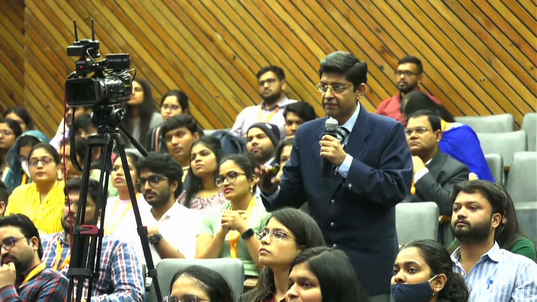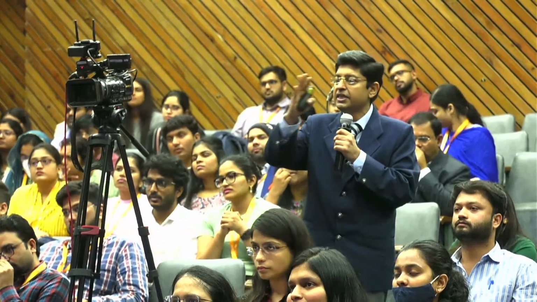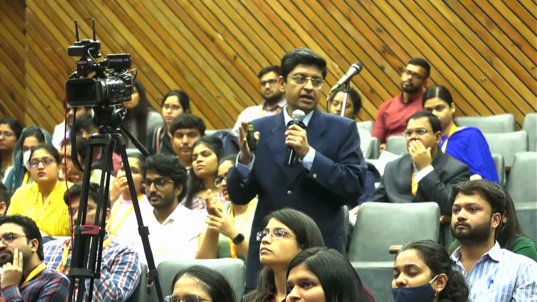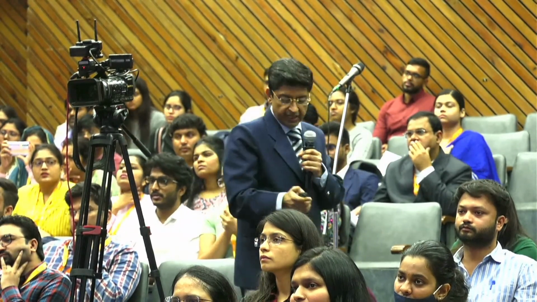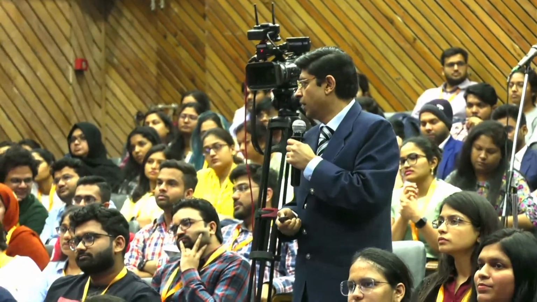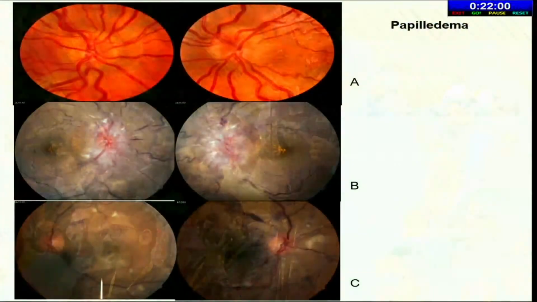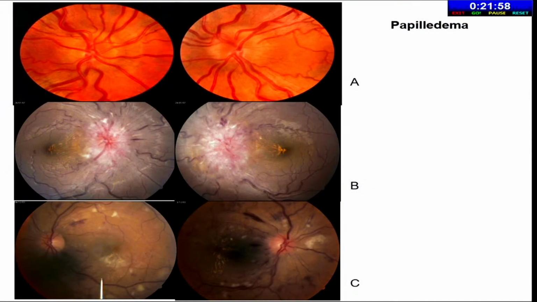In B you can see obscuration of vessels, some exudates, and the hemi-star exudative pattern going right up to the macula. And C is hypertensive retinopathy. The way to differentiate, you may not have edema here. In some places the disc is obscured, but a lot of the changes you are seeing have normal retina in the middle, which tells me a lot of pathology is there and some of it is not directly related to the disc.